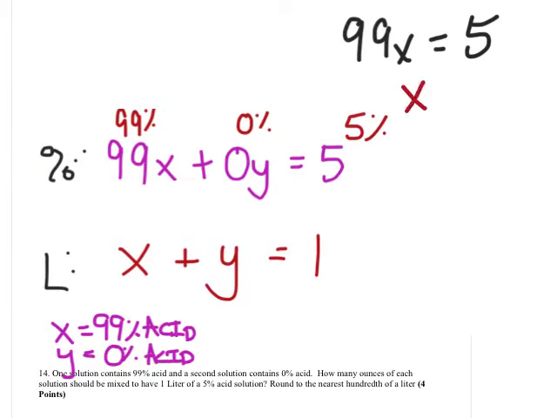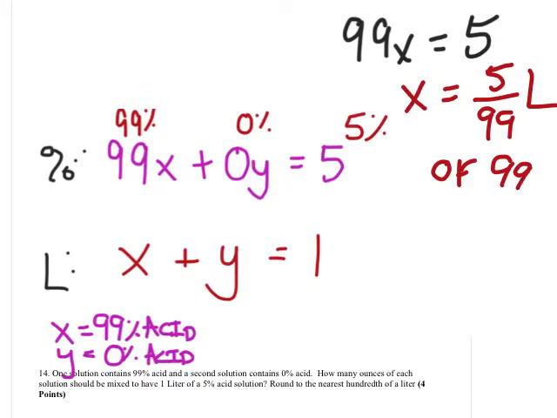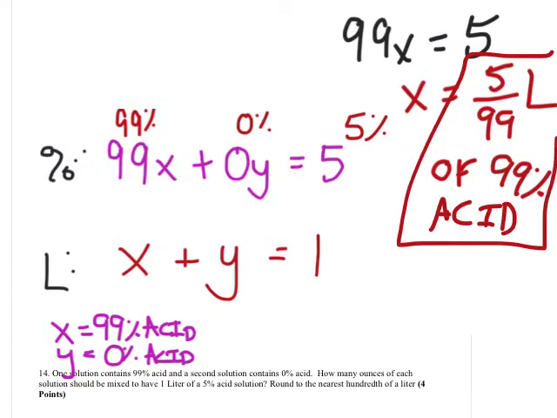If I figure this out, I have x equals 5/99. So that's 5/99 liters of 99% acid solution. So this is my first answer right here. Next, I'm going to use that second equation with liters to solve for y.